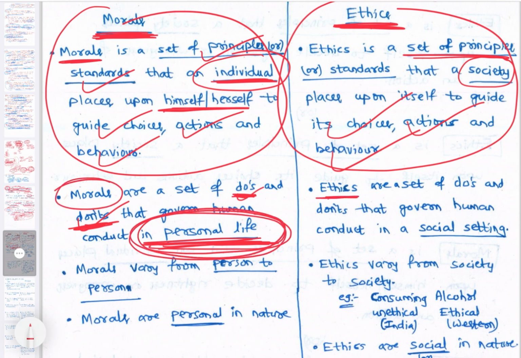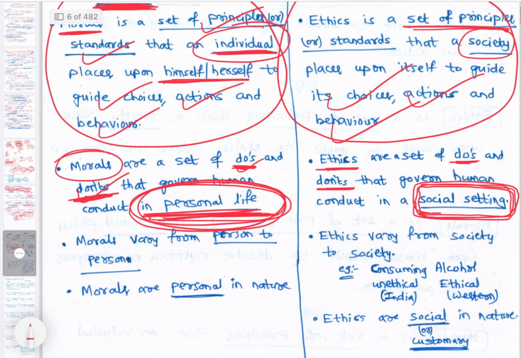And ethics are a set of do's and don'ts that govern human conduct in a social setting. In a social setting, ethics will govern conduct. So if there is a society which drinks alcohol, drinking alcohol is not bad for that society. So in a social setting, you will also end up drinking alcohol.